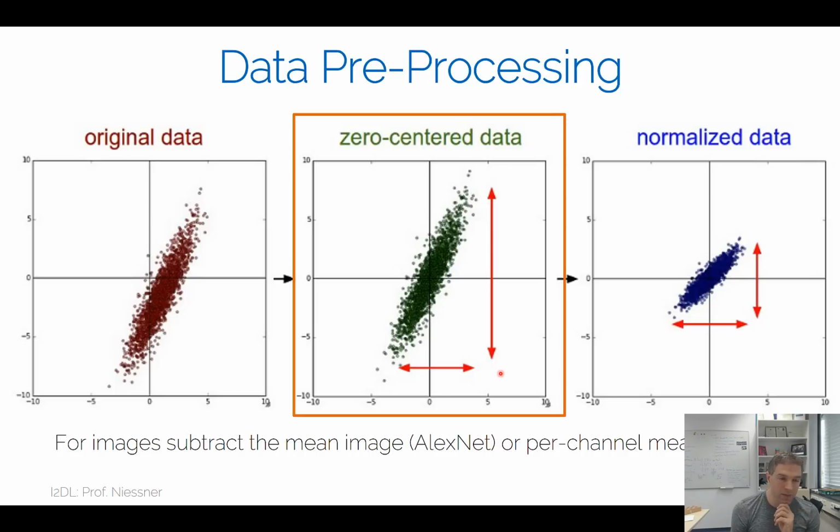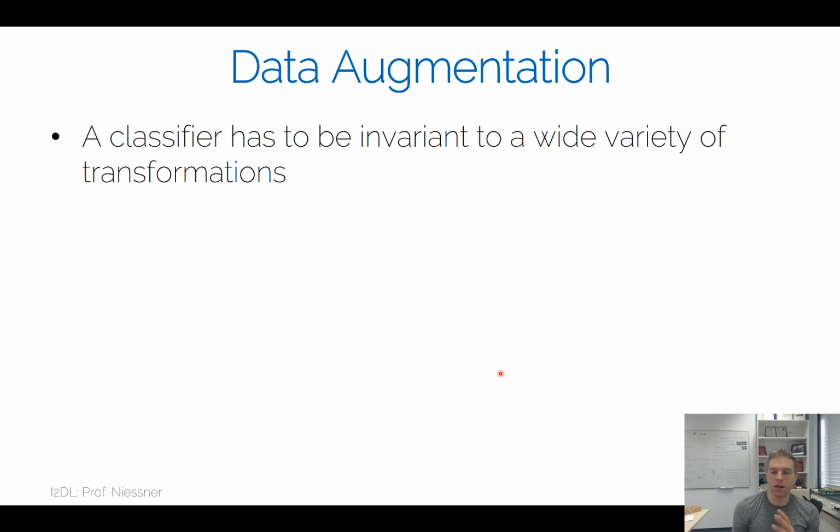Now let's talk a bit about data augmentation. I mentioned already that a lot of people think about data augmentation as a way to regularize, and that is true, but data augmentation has a very simple idea. If you're talking about a classifier, we would love to have this classifier be invariant to certain transformations and operations applied to an image.